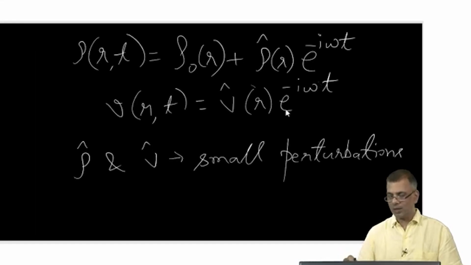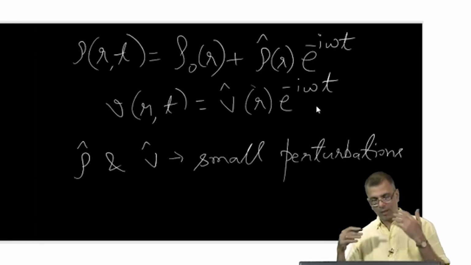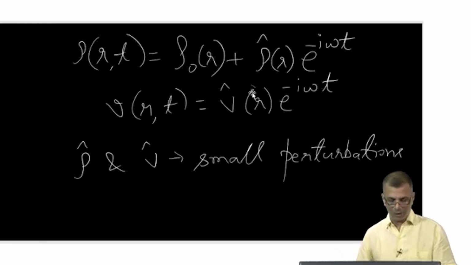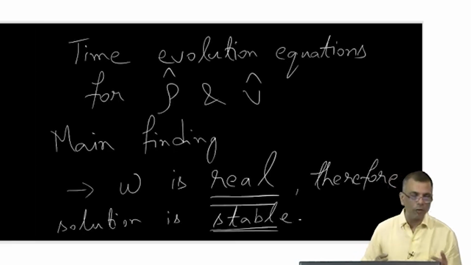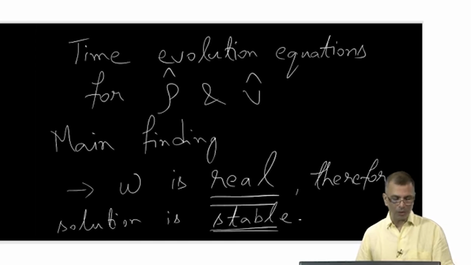It only oscillates, it does not grow with time. So, in that sense, these perturbations are stable, and therefore, you can allow for a finite starting velocity. This is the main upshot of this discussion.